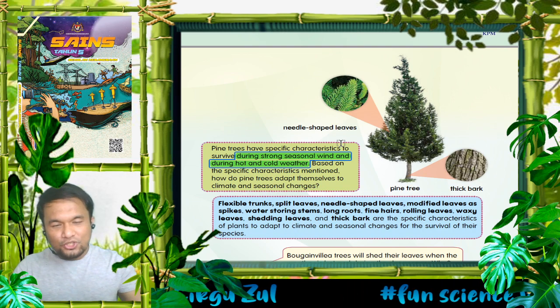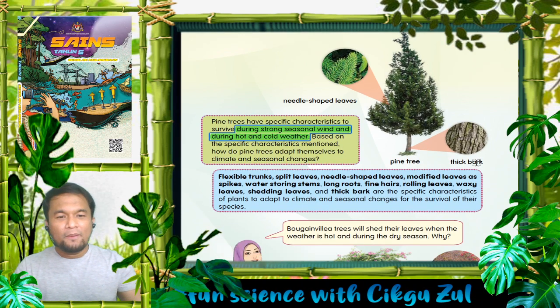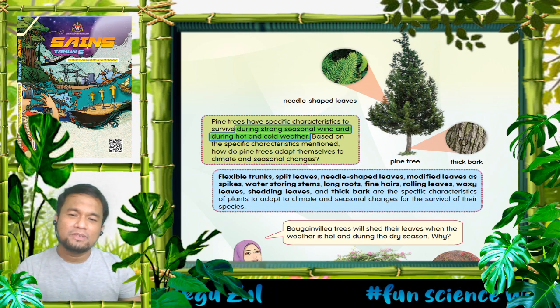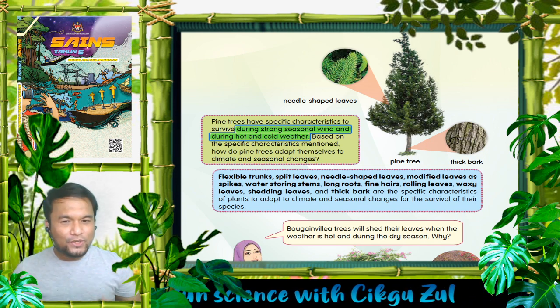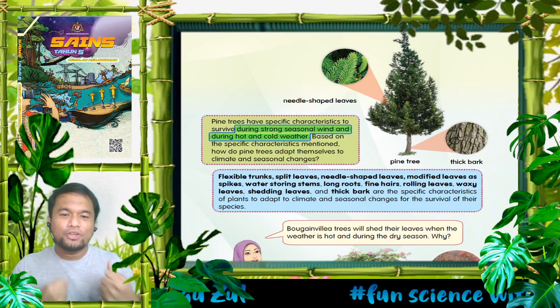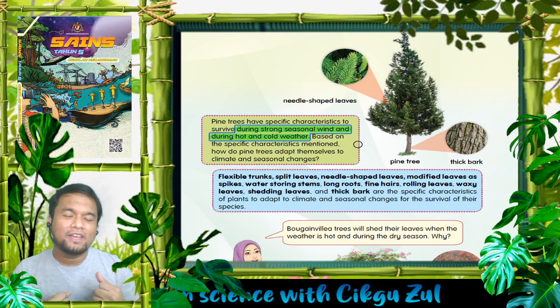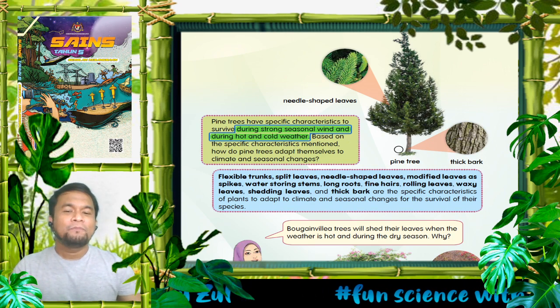Dan pada musim sejuk pula, the pine tree also possess thick bark. Ada kulit yang keras sama seperti maple tree, which help them to maintain the fluidity or the water supply in their body parts. Jadi dalam badan dia ataupun dalam parts of their plant itself ada supply of water for almost all the time.